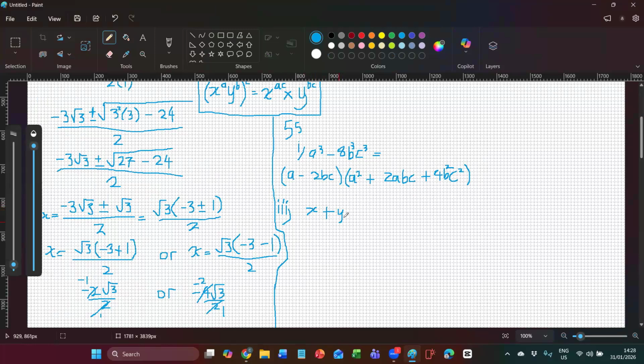This one itself, because of that x plus y all cubed, it's going to come with its own. Let me just write the 3 well.